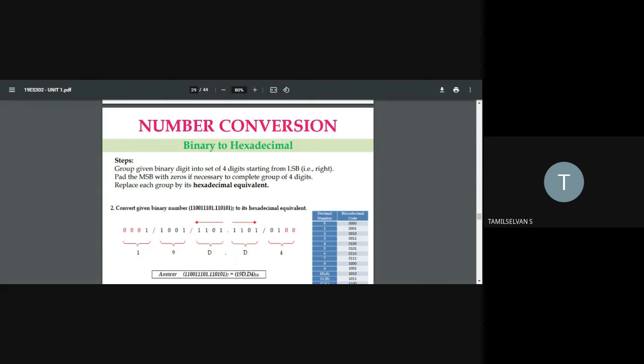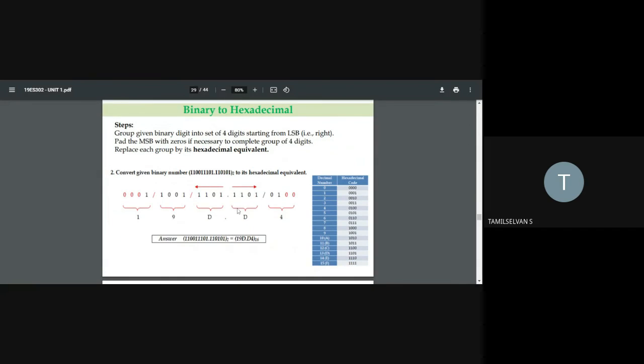So after this floating point, there is a separation from the left end. Separate this binary number from the left end after this floating point, right? Before this floating point, the same separation with 4 bits from the right end, right? So consider this example number 2.